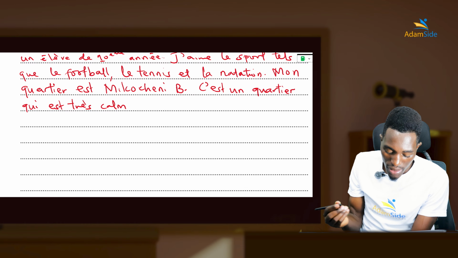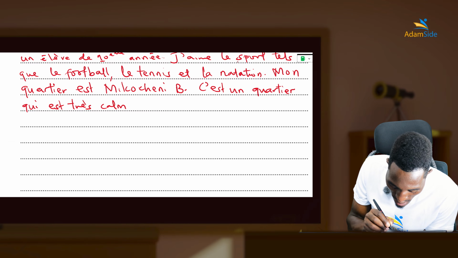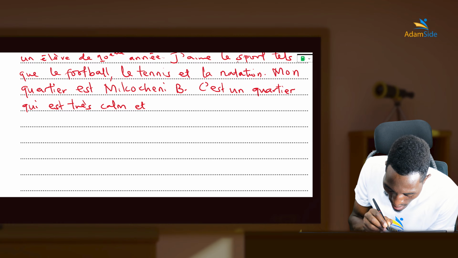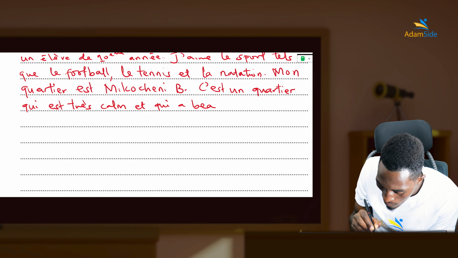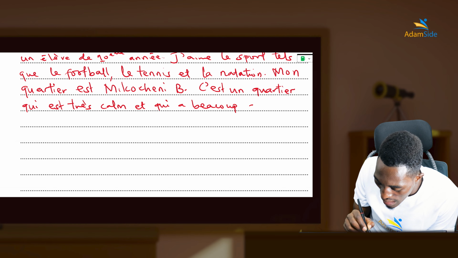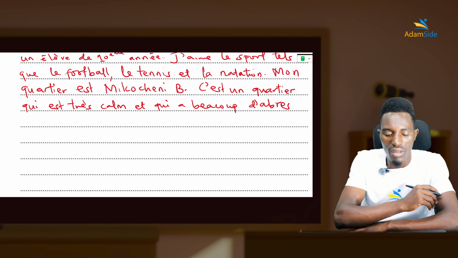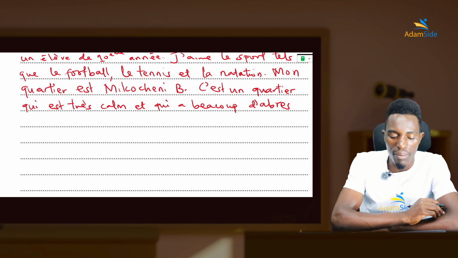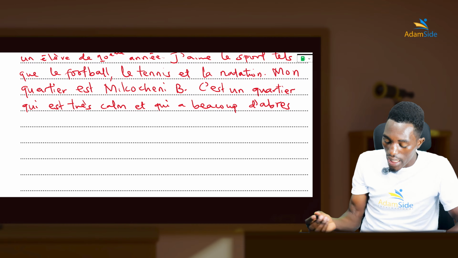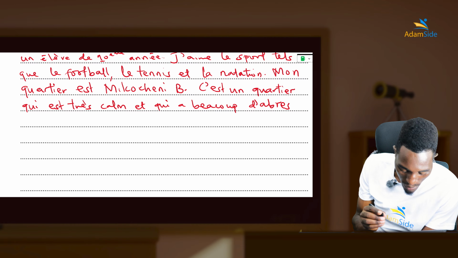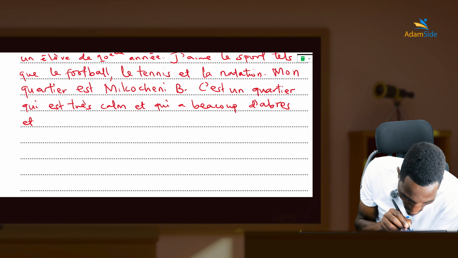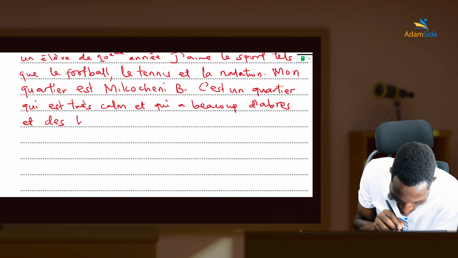Avec beaucoup d'arbres. Qui est très calme et qui a beaucoup d'arbres. It has trees. Et qui a beaucoup d'arbres et des boutiques, and shops. The boutique.